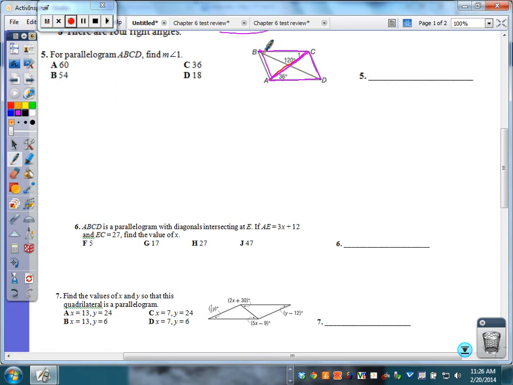When that happens, this angle is congruent to this angle, and this angle would be congruent to this angle. Remember our congruent triangles. So therefore, if angle 1 is congruent to angle 36, then the measure of angle 1 is just 36.